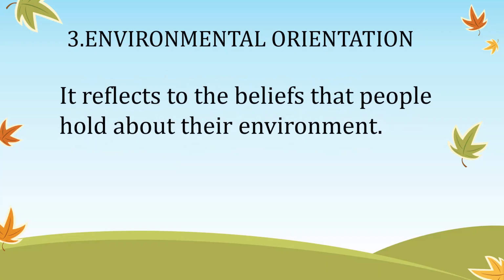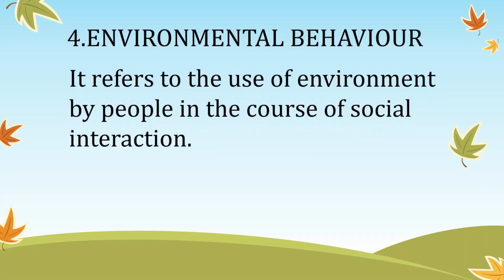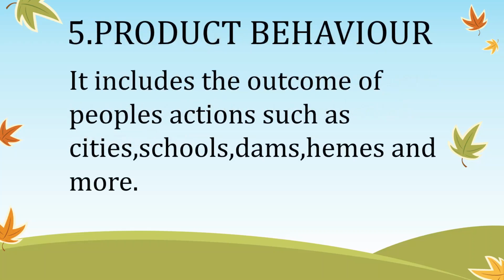It reflects the beliefs that people hold about their environment. Fourth one, environmental behavior. It refers to the use of environment by people in the course of social interaction. Fifth, product behavior. It includes the outcome of people's actions such as cities, schools, dams, homes and more.